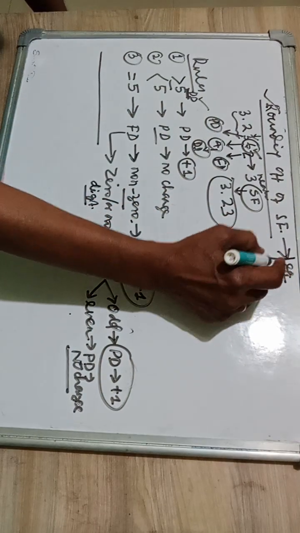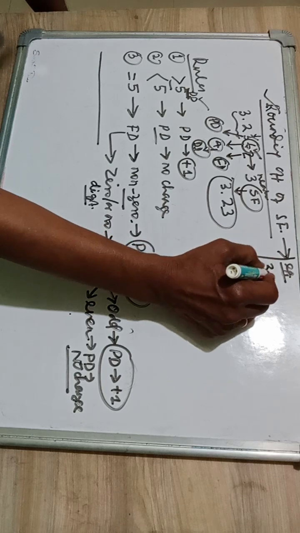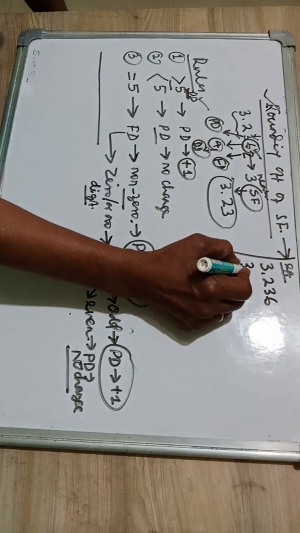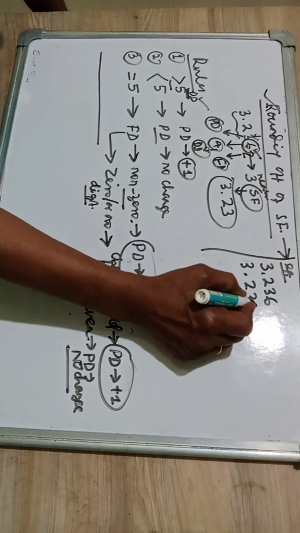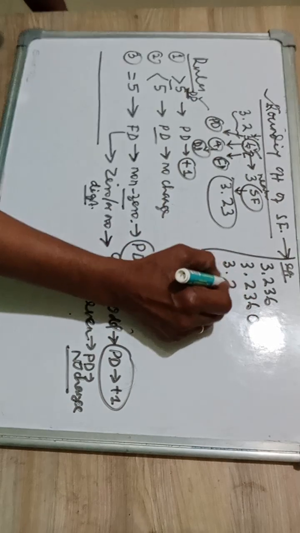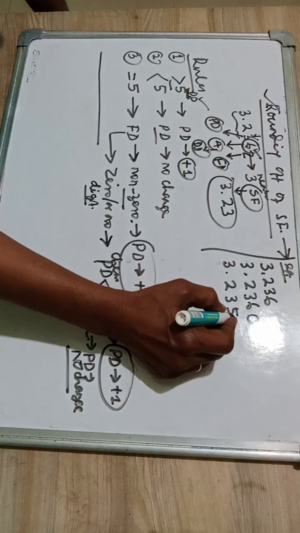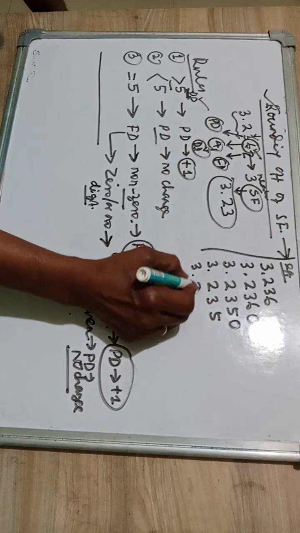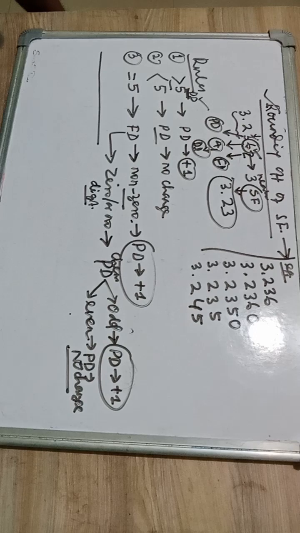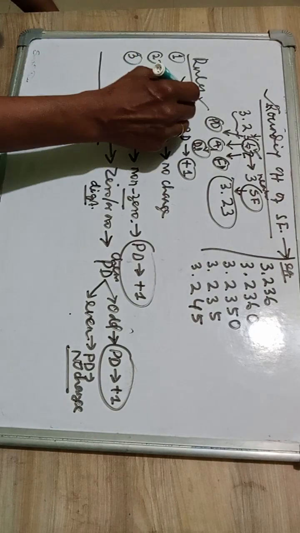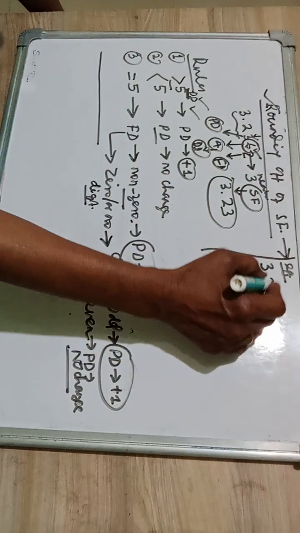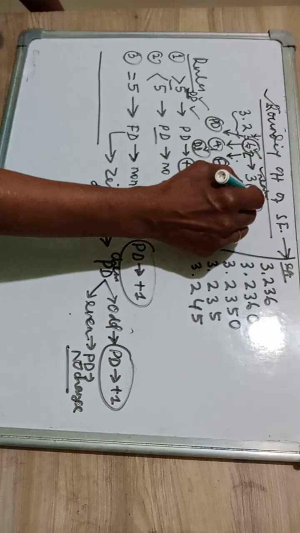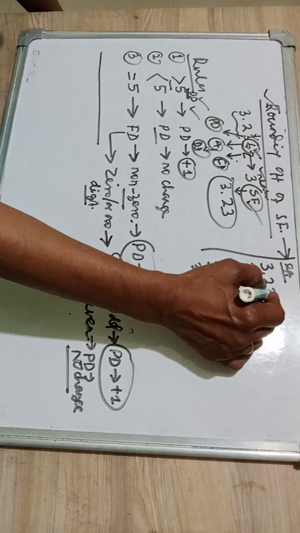Let us take examples: 3.236, 3.2360, 3.235, 3.245. Here, as per rule 1, our requirement is to round off to the nearest 3 significant figures. So in that case, 6 is to be dropped.